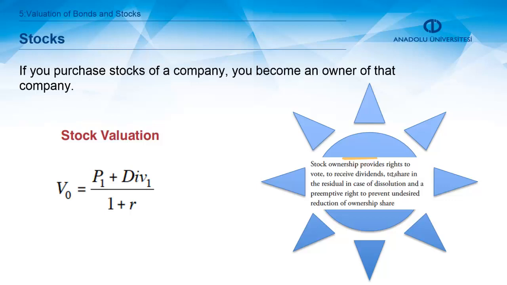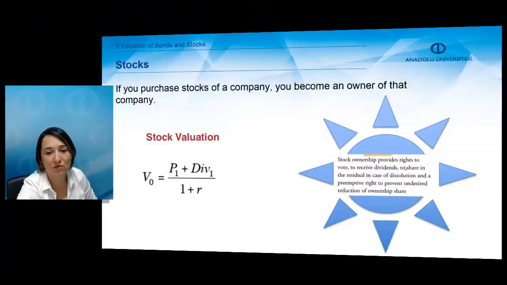We will find the value of our stock. This chapter is all about valuation and finding present value of some future cash flows. I hope this video is helpful for your studies.